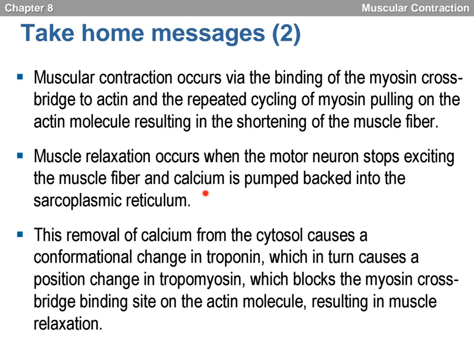Eventually those pumps catch up and reduce the cytosol calcium concentration such that relaxation can occur. This removal of calcium from the cytosol causes a conformational change in troponin, which in turn causes a position change in tropomyosin, which blocks the myosin cross-bridge binding site on the actin molecule, resulting in muscle relaxation.